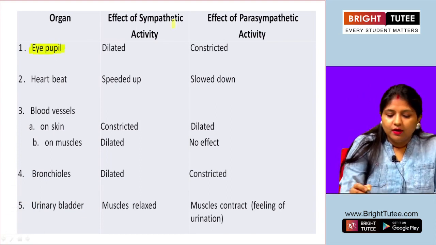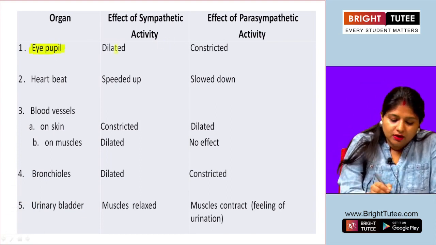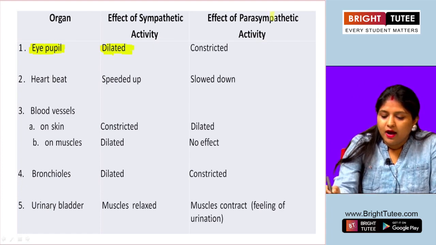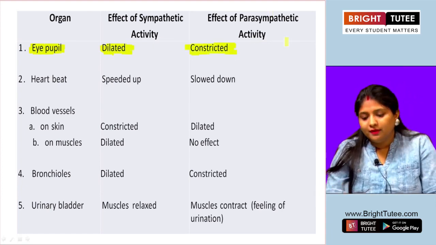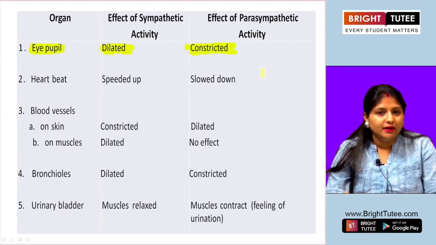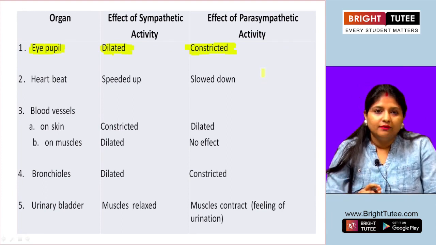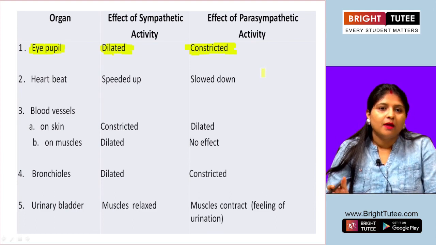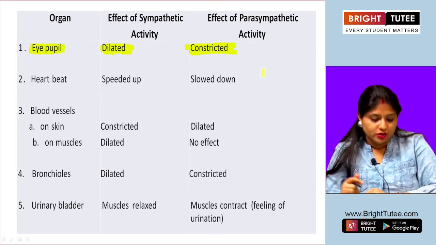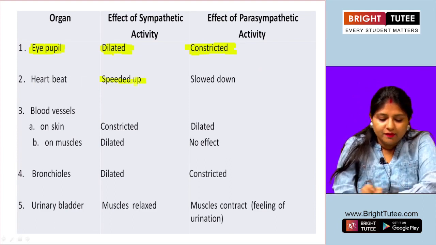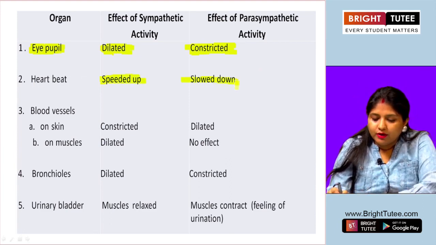Under the effect of sympathetic activity, the pupil gets dilated. Under parasympathetic, it gets constricted. Now remember students, in this table you will be able to clearly identify that these two activities, sympathetic and parasympathetic, are antagonistic to each other. That means they are opposite to each other. Heartbeat is speeded up, it is slowed down, right?